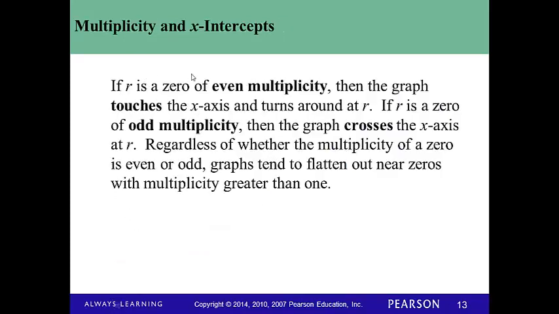If r is a 0 of even multiplicity, so it means it appears an even number of times, so that can be 2, 4, 6, 8, etc., then the graph touches the x-axis and turns around at r. That's if we have even multiplicity.